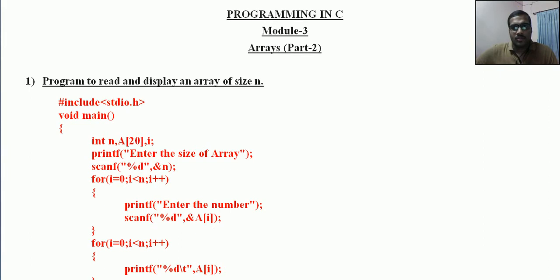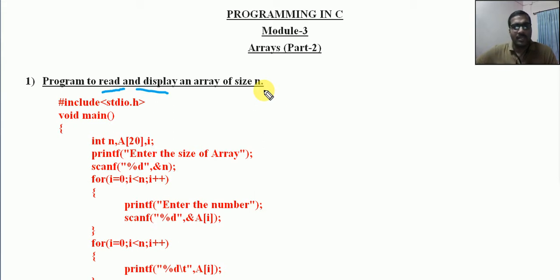Now the first program we are going to discuss is just reading and displaying an array of size n. Just read and display an array of size n. Now what is the logic behind reading and displaying? There is no special logic, but at least we could know how we can read, because as we know, arrays have more elements, more memory locations are allocated.